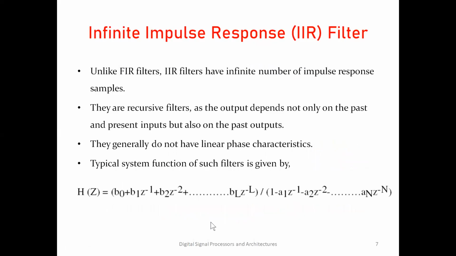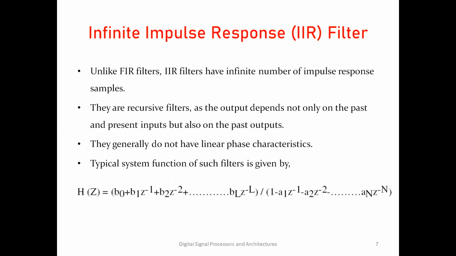Now coming to the other type of filter which we were discussing, the IIR filter, infinite impulse response. Here, the number of impulse response samples in an IIR filter is infinite, in contrast to that of FIR. Moreover, these are recursive filters, because the output depends also on the previous outputs.